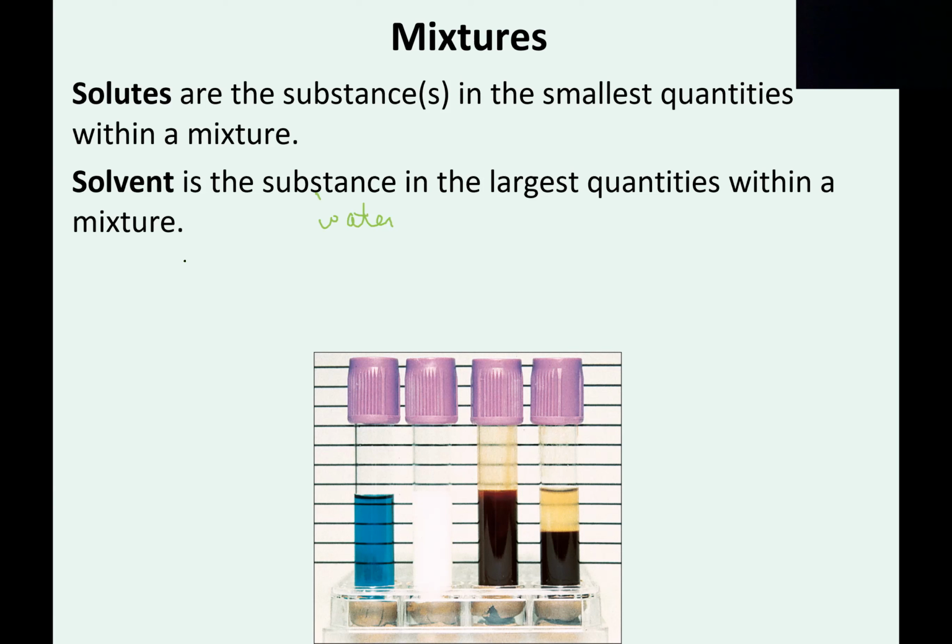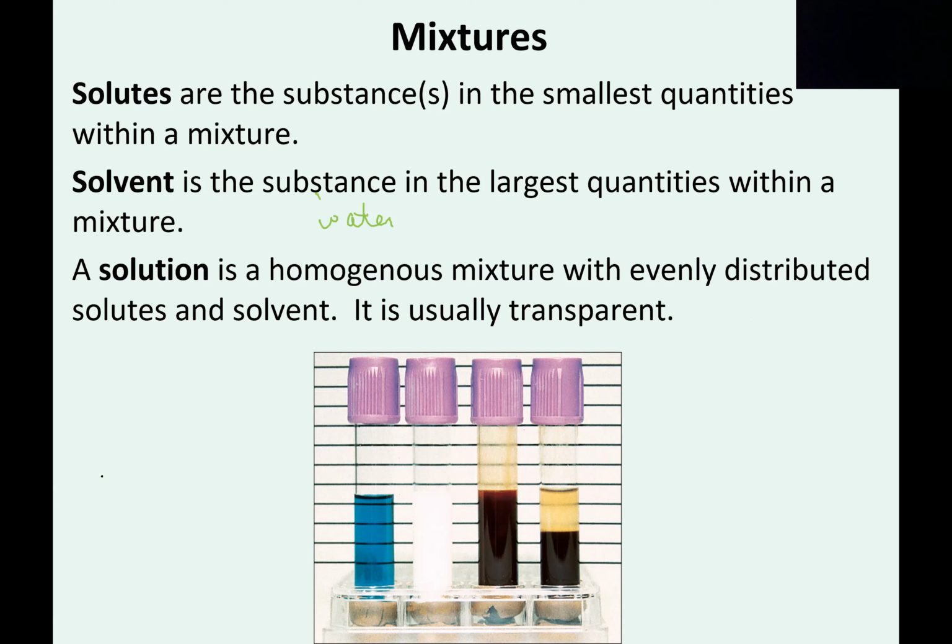One type of mixture, and you see all three types down there in those tubes, is called a solution. In a solution, which is this blue tube, you have a homogeneous mixture, meaning you have even distribution of solutes and solvents. Typically transparent, you can see the black lines through the blue fluid.